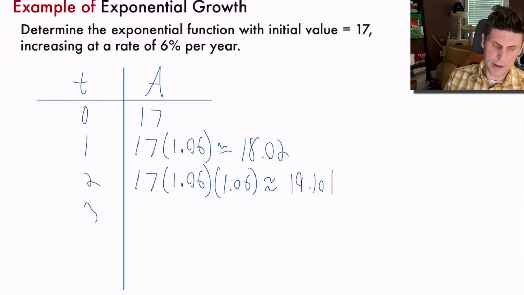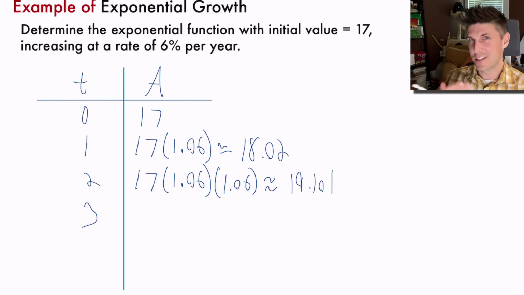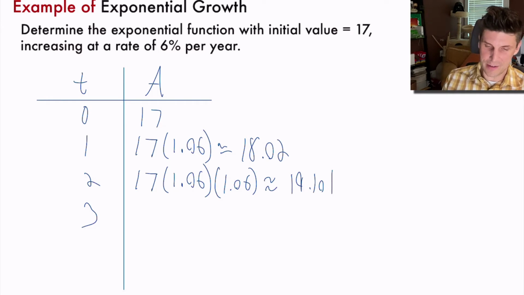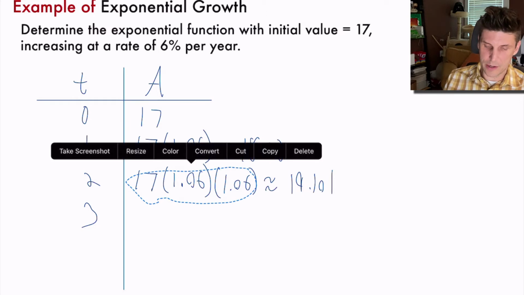So then after a third year, we have 19.101, and we're going to multiply that again by 1.06 because it increases by 6% every year. Or you could think of that as taking the last computation. If I leave it in this form, you can start to see a pattern.